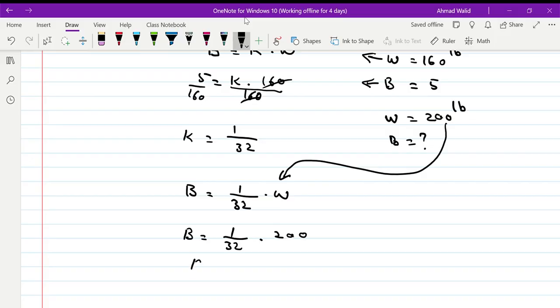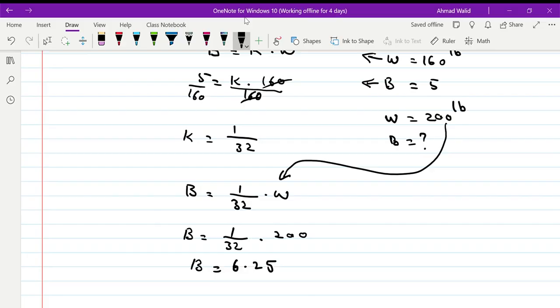It means B equals, if you calculate this, it gives you 6.25. 6.25 quarts.